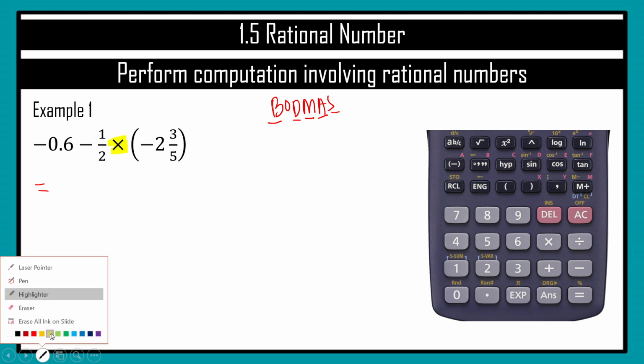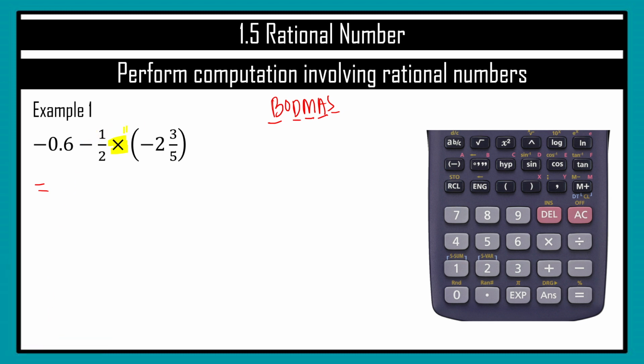So we are going to multiply 1/2 with -2 3/5. Since we are not going to do anything towards 0.6, let's write that one down first. -0.6 minus, okay, so get your calculator ready. 1/2 multiply with -2 3/5.